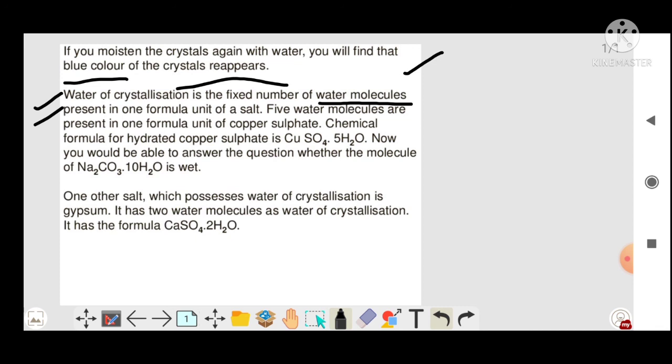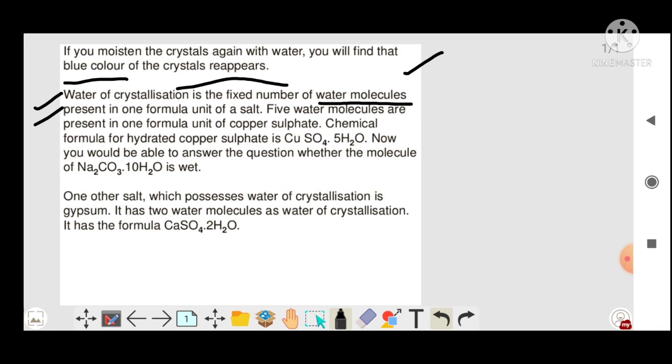This is very important. The chemical formula of hydrated copper sulfate is CuSO4 5H2O. Now you would be able to answer the question whether the molecule of sodium carbonate Na2CO3 10H2O is wet. Obviously it is wet.